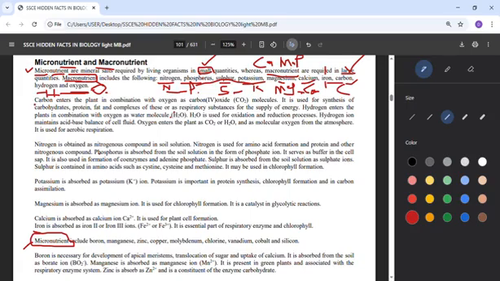Now we want to look at carbon as one of the macronutrients. Carbon enters the plants in combination with oxygen, as carbon dioxide molecules, meaning that it is needed in large quantities. It is used for synthesis of carbohydrates. Even from the name carbohydrate, it means there is carbon and there is hydrate, the hydrate being water.